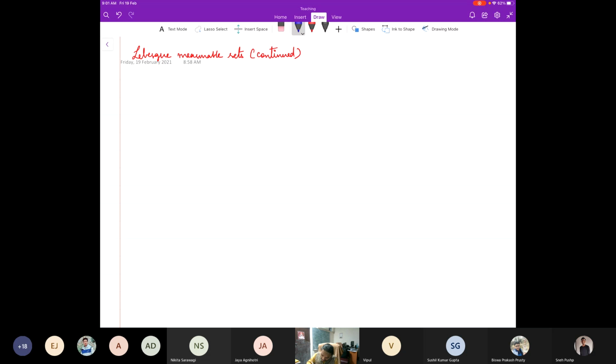Yeah, so what is it that we were doing? We had what is known as the Lebesgue outer measure, M star, the so-called Lebesgue outer measure. The first thing that we saw is that we had some simple properties, and the main thing is that M star is countably subadditive.